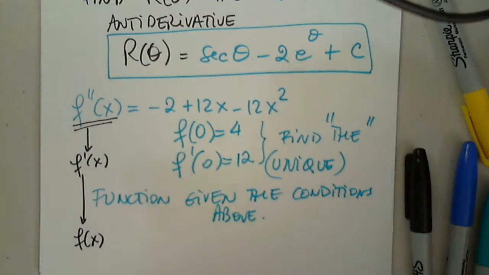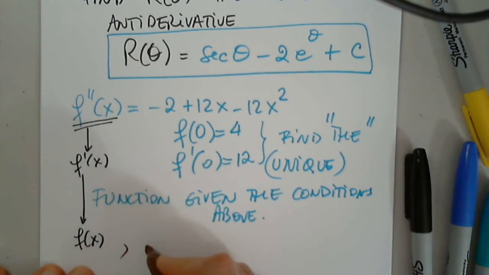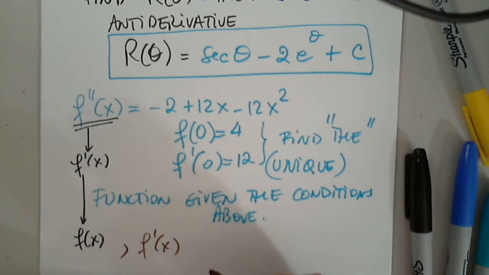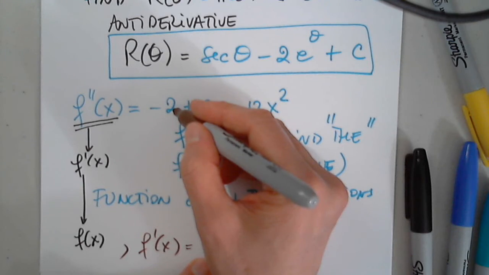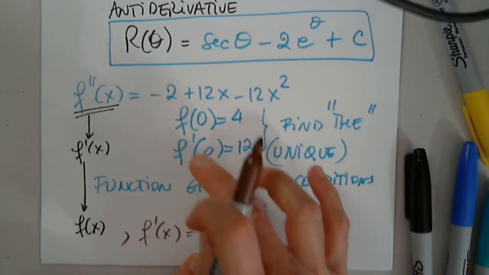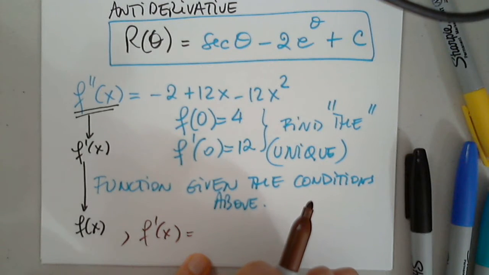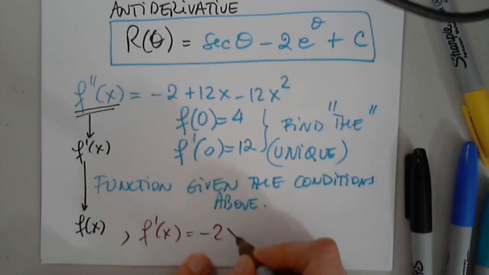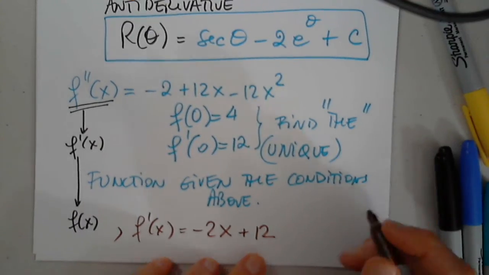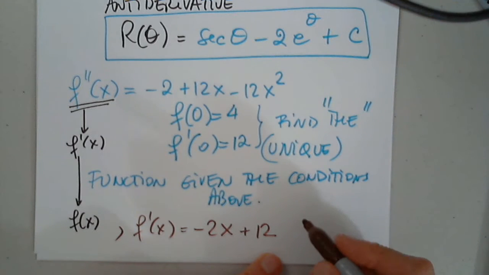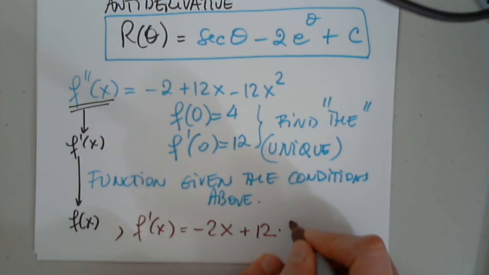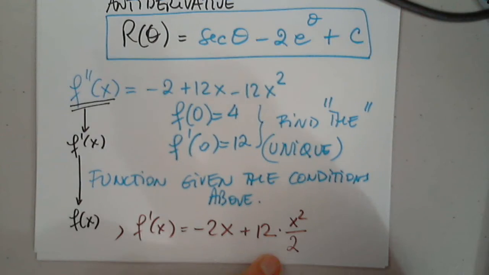Okay, so then my first step is to find f prime. Which function do I differentiate to get negative 2? Negative 2x, of course, very good. Plus 12, which function prime is x? x squared divided by 2, so everyone can see what is going on.